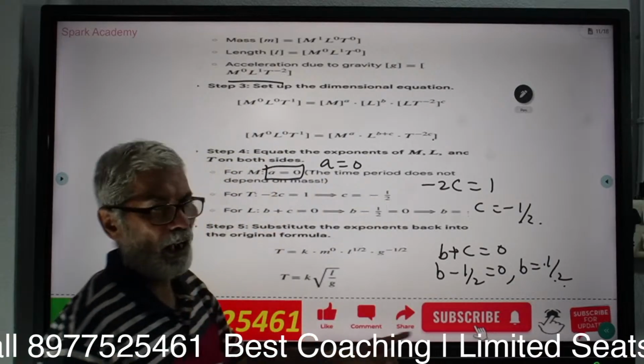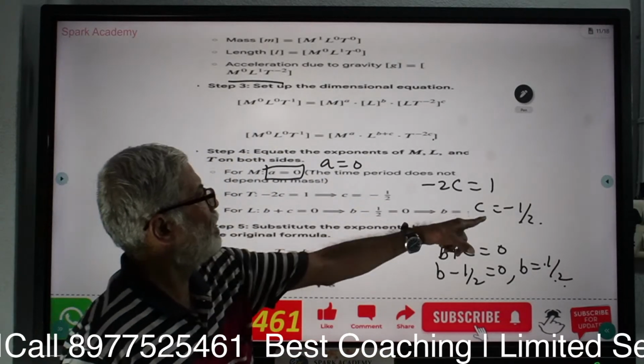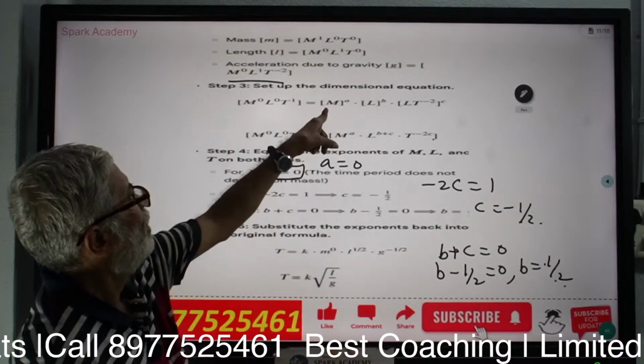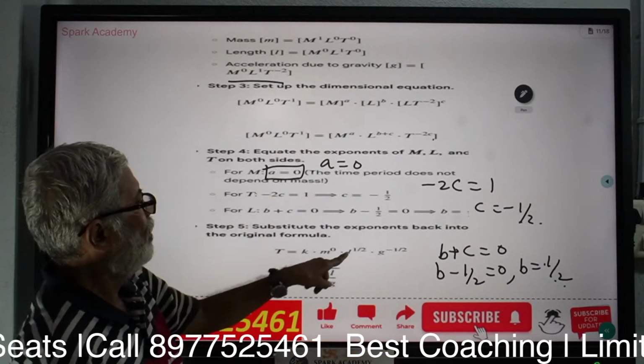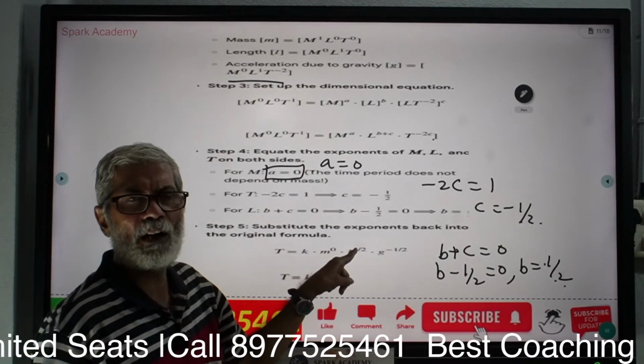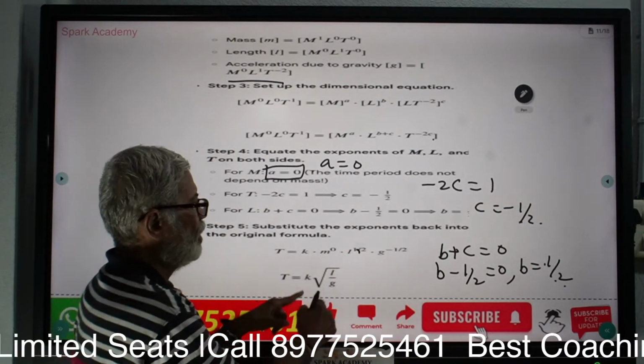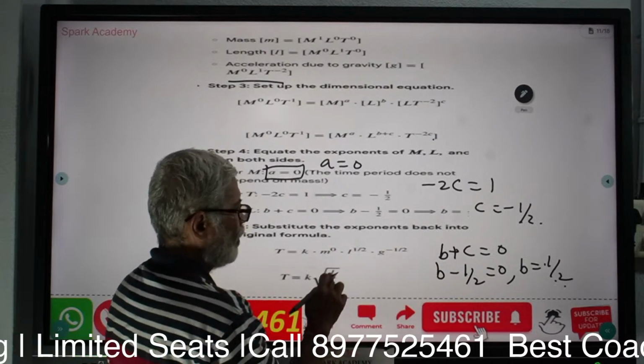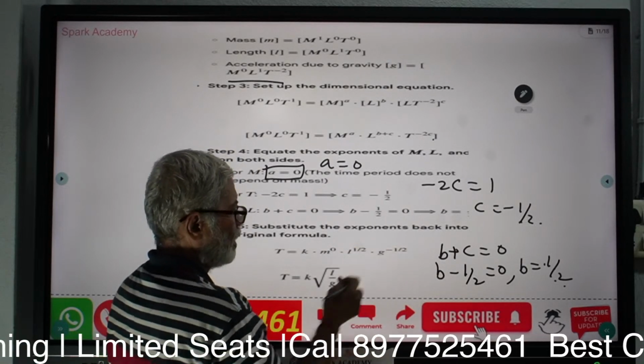So you know b is half, c is minus half, you substitute back. So M to the power of 0, L to the power of half, and anything to the power of half is actually root. So it will be root of L, and G to the power of minus half will come down.